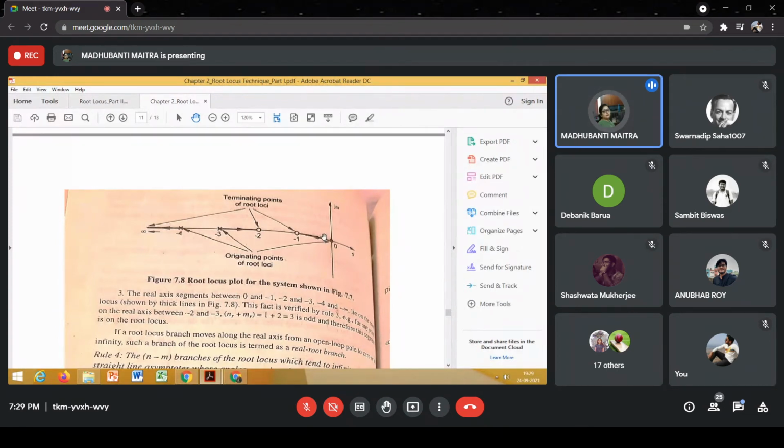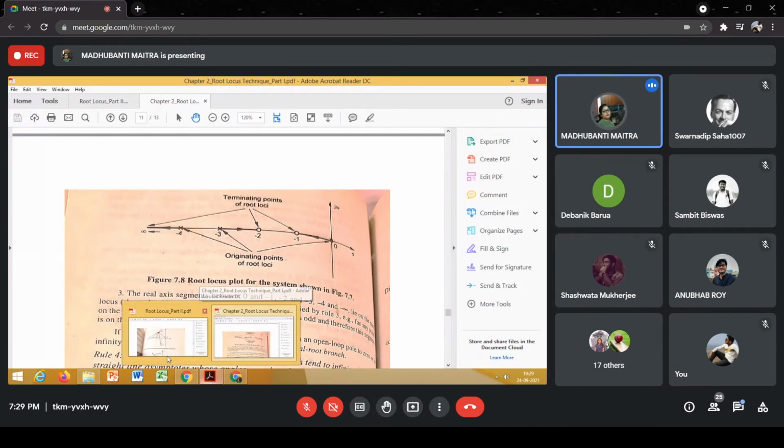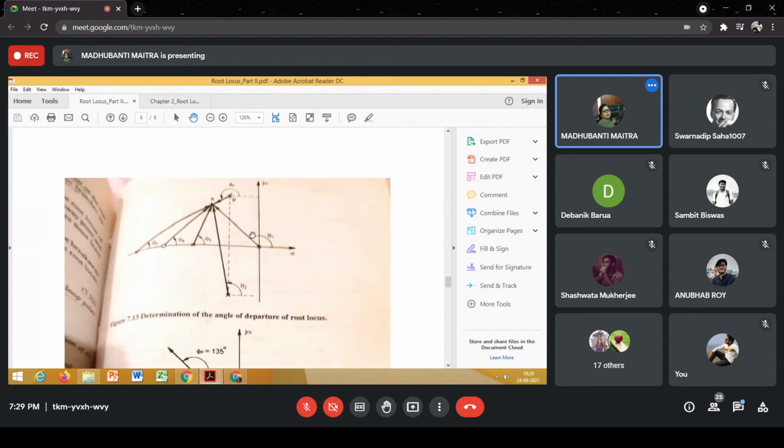So for real open loop poles or zeros, angles of departure and arrival will be either 180 degree or 0 degree. But we'll have to find the angle of departure and arrival for complex open loop poles and zeros. So let's look at this particular diagram.